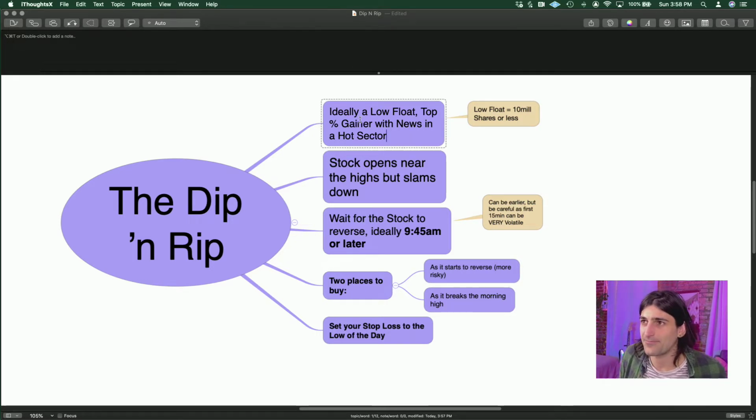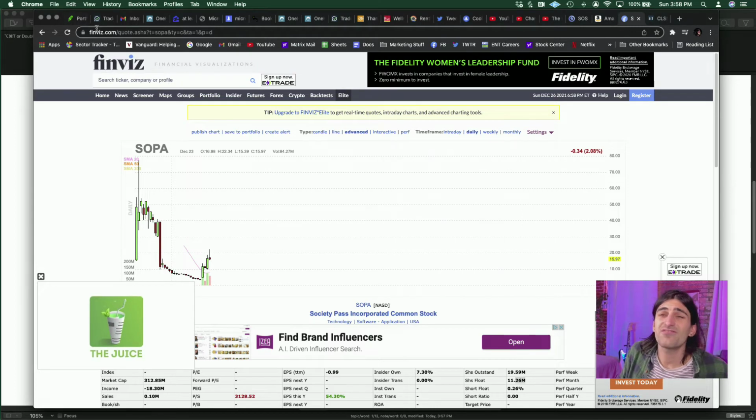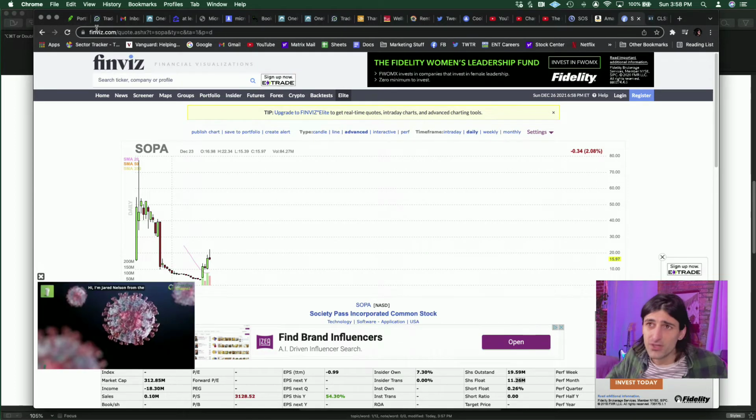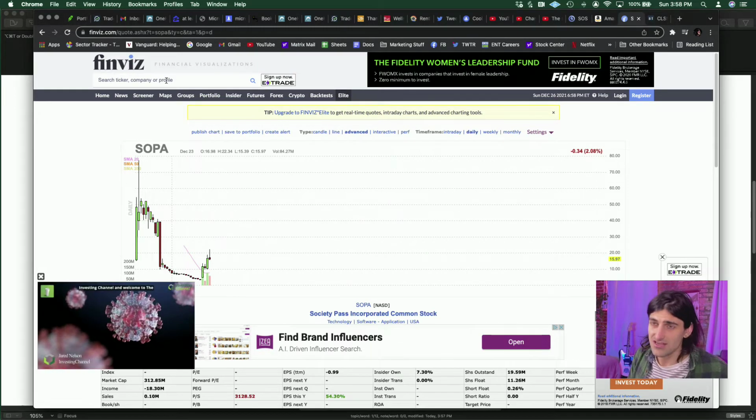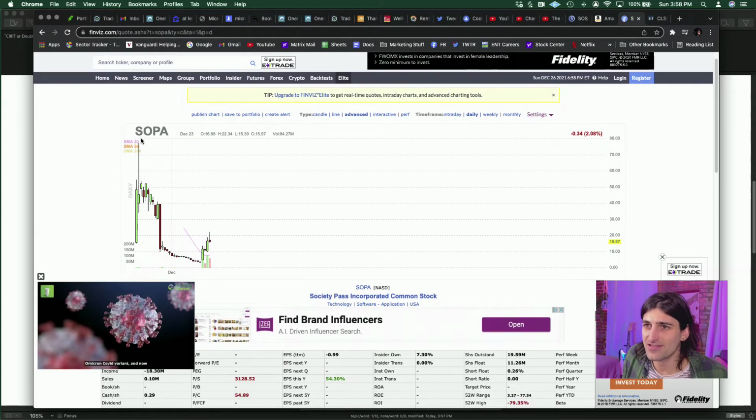I'll give you an example, and I'll show you how you can check on the float of a stock. If you see something on the top percent gainers that looks like a good candidate, pull up your Safari, go to finviz.com, free website, free resource. We'll look at SOPA here. I already have it pulled up. This was a runner this past week.